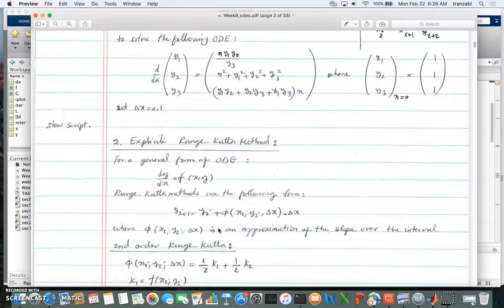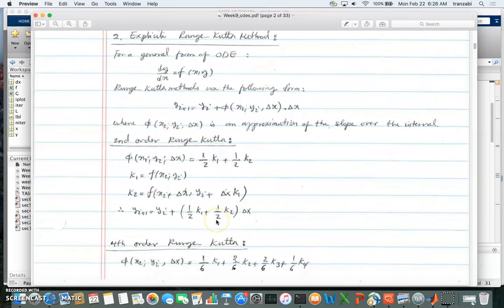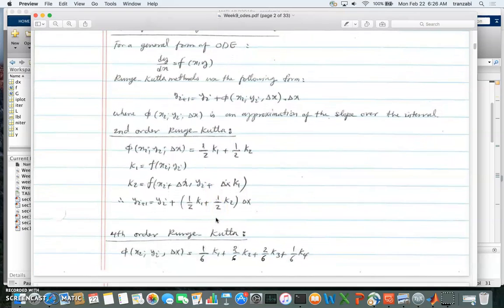Okay, so in the explicit Runge-Kutta method, second order Runge-Kutta method, we find two intermediate variables called k1 and k2, where k1 is the function f, which is the right hand side of the differential equation, evaluated at xi, yi, the current x and the current y. k2 is the same function f evaluated at xi plus delta x, and then yi plus delta x times k1.